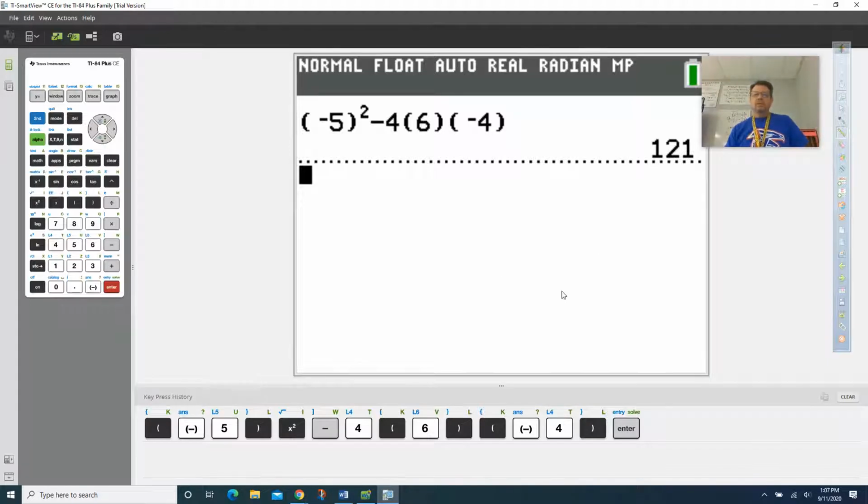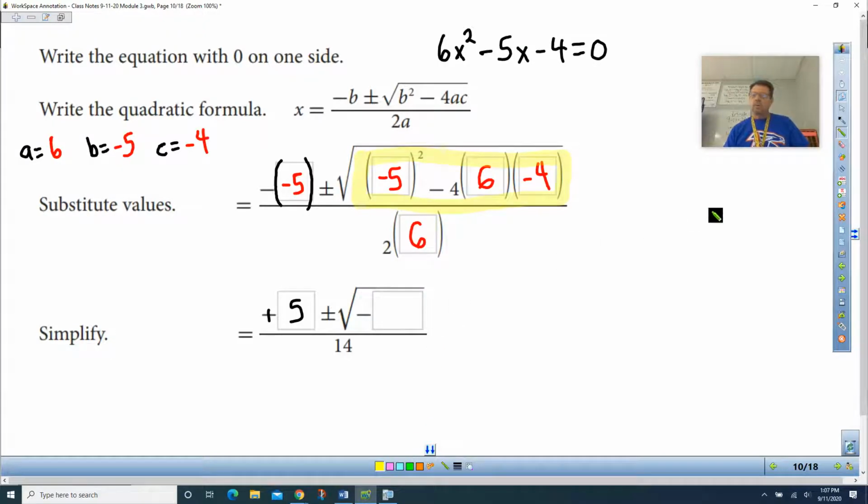Okay, and so that's it. We're going to go over here and plug it back in. So we got positive 121. Easy enough. Oh, and then this is going to be not 14, but 12, right? 12.